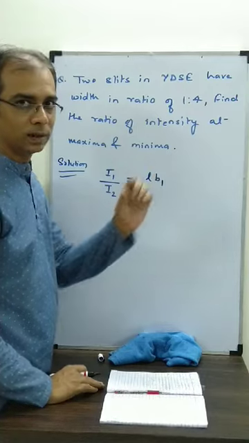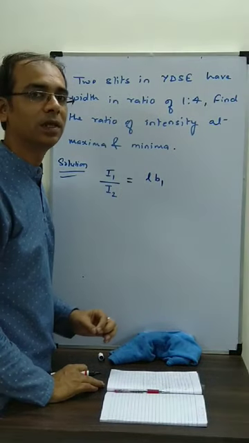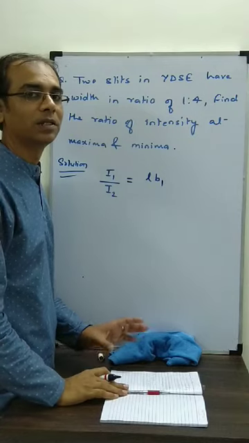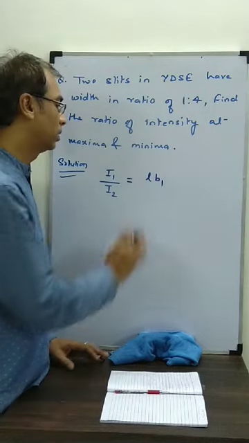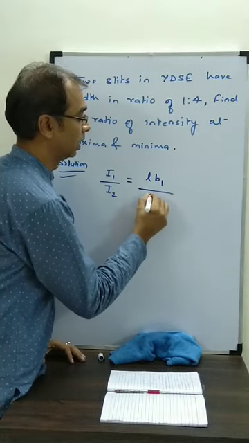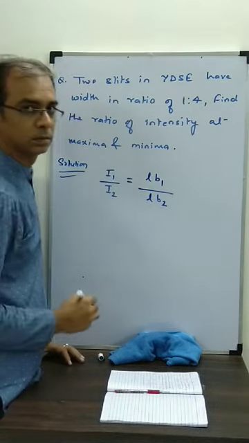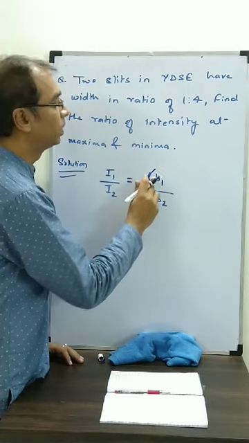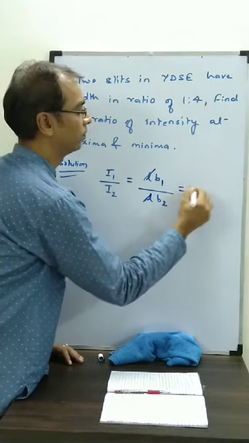A very thin line, so thickness will be there and length will be there. So it will be kind of a rectangle. What will be its area? L into B. So I have written L into B1, same way the other one, L into B2. This L gets cancelled. B1 by B2 is given to us as 1 by 4.